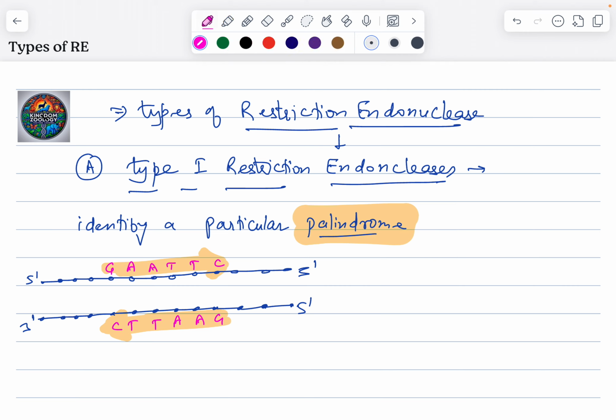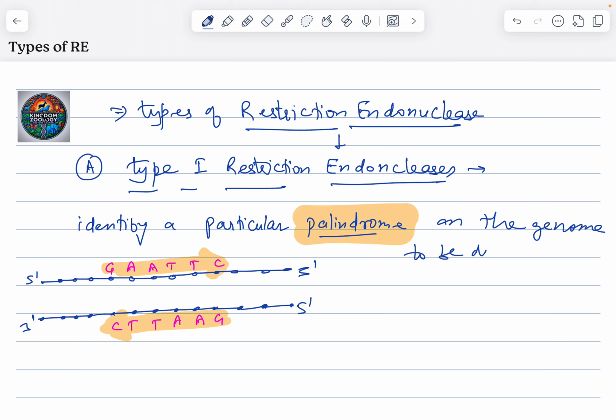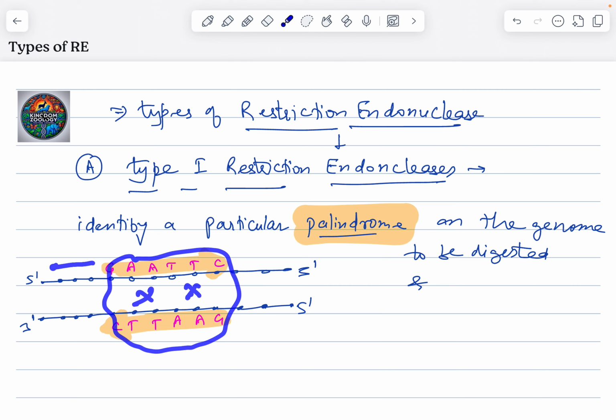So type 1 restriction endonucleases are the ones that would identify a particular palindrome on the genome to be digested. But the problem with these enzymes is once they attach to this palindrome, they are not going to cut any phosphodiester bonds within the palindrome. The enzyme is going to shift, and the shifting direction is also not fixed.